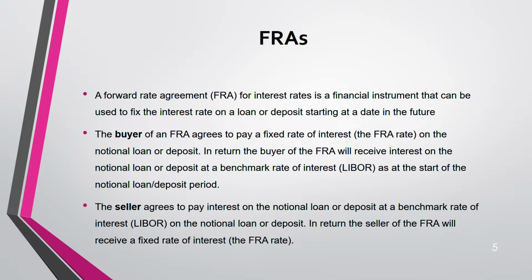For a buyer, you pay at the FRA rate and you receive at the LIBOR rate. Only through calculations will you understand this. I've explained it while I was doing questions in my AFM lecture. You have to go through my AFM lecture to understand this part.